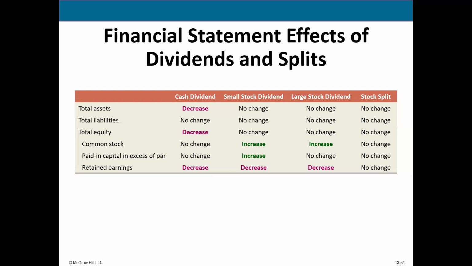For the large stock dividend, there's an increase in the shares of common stock and a decrease by the same amount in retained earnings. And then with stock splits, there's no changes at all. It's just the number of shares outstanding increases by that same amount, but there's no other change other than that. So it's just a nice side by side comparison.